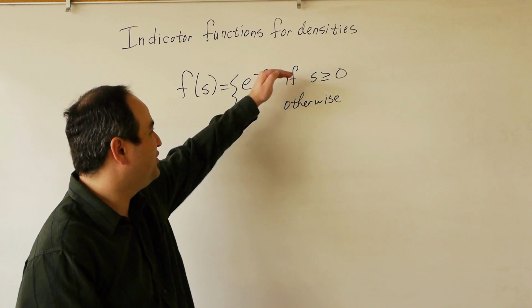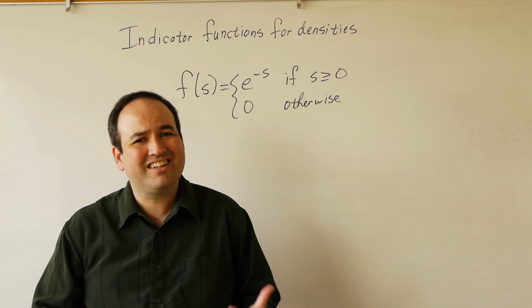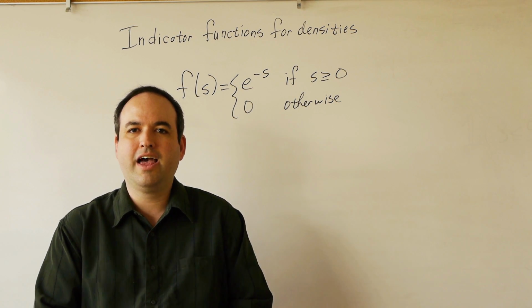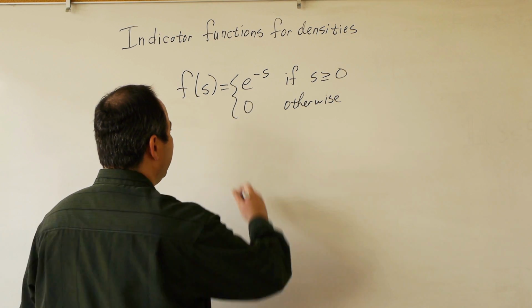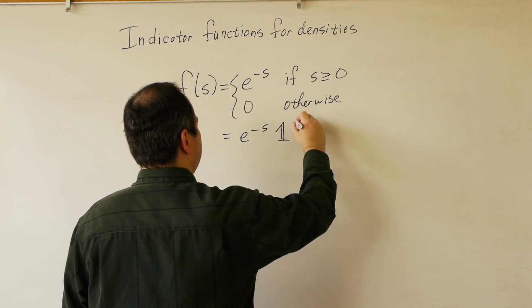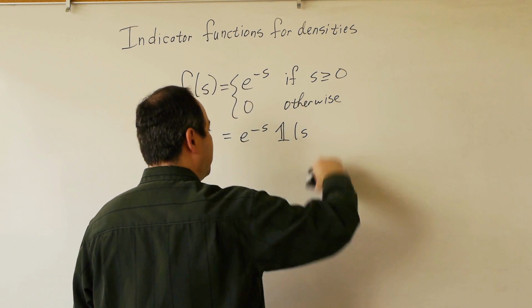Now, I had to use 2 lines in order to write this density, and mathematically this is a little difficult to work with. I'm continually having to break things into cases. But I can write this with just 1 line using indicator functions. This is equal to e to the minus s times the indicator that s is greater than or equal to 0.